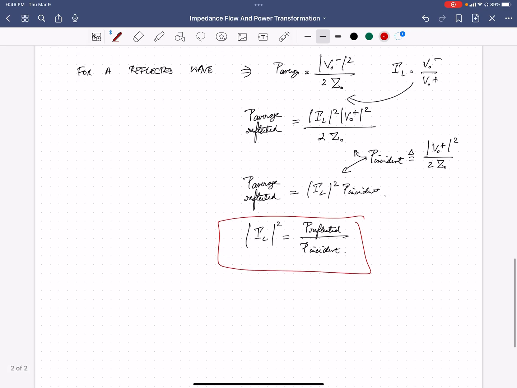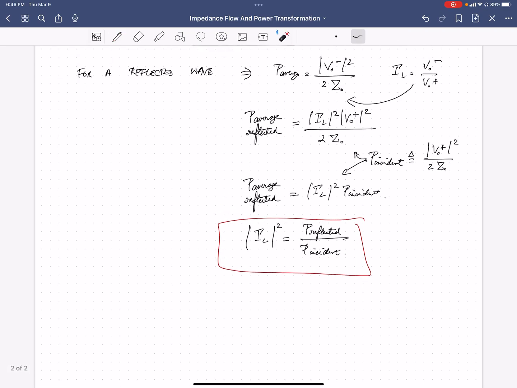So basically this means that if you have an unmatched transmission line, meaning a transmission line where there is a reflection coefficient, a certain amount of power will get reflected compared to what's incident. But this will just bounce back and forth and eventually be dissipated in the load.